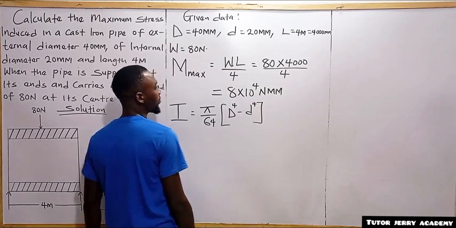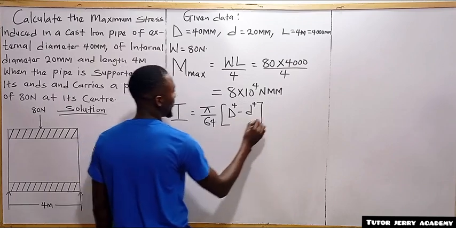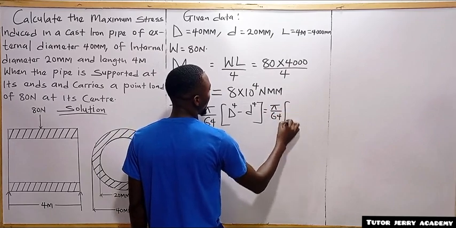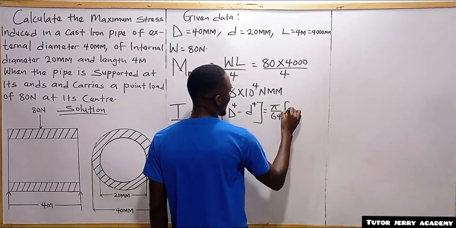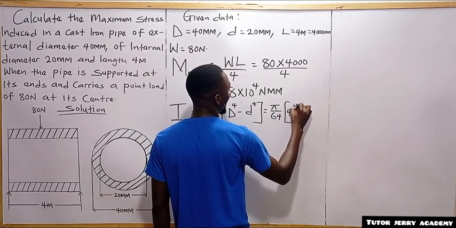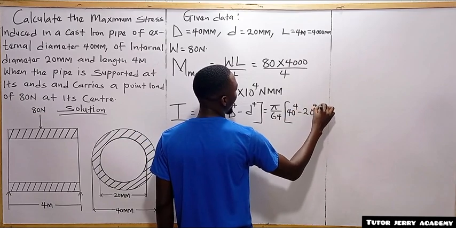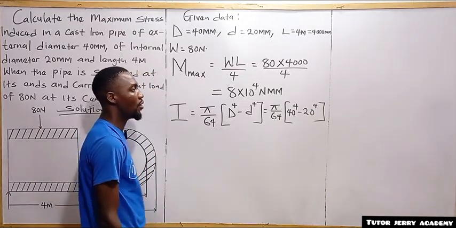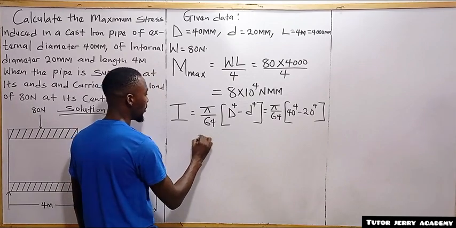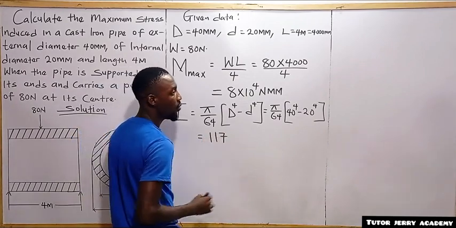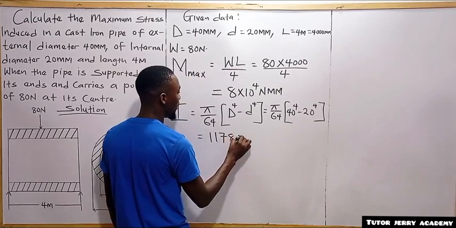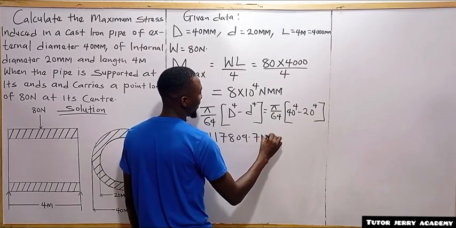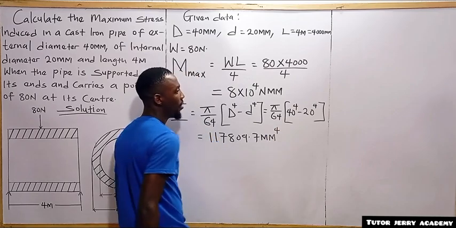If you substitute here, you have pi over 64 times 40 to the power of 4 minus 20 to the power of 4. If you press this in your calculator, you are going to have 117,809.7, and don't forget our unit is mm to the power of 4.